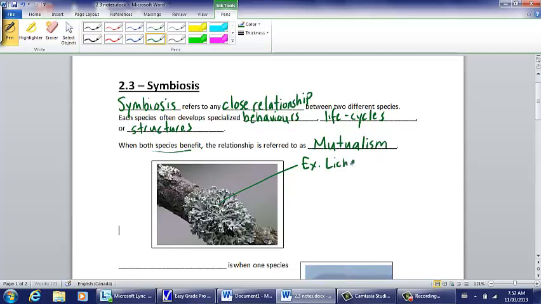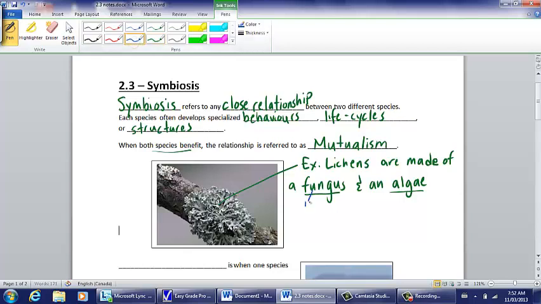And lichens are actually made up of two different organisms. Lichens are made of a fungus and an algae. So they both live together and they have a symbiotic relationship. And that means they both have to benefit because it's a mutualistic relationship.